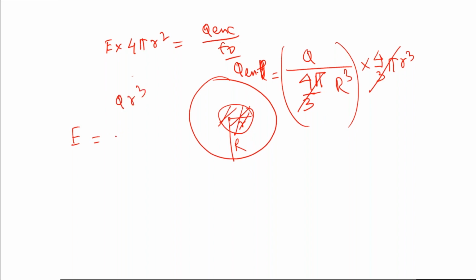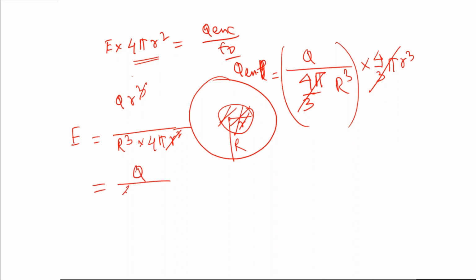This r square goes with r cube, so one r will be there. So what you get is Q r divided by 4 pi epsilon naught R cube. The other terms are constant, and this is the r. So the field varies linearly inside, up to capital R. This is correct, all of you have said that.